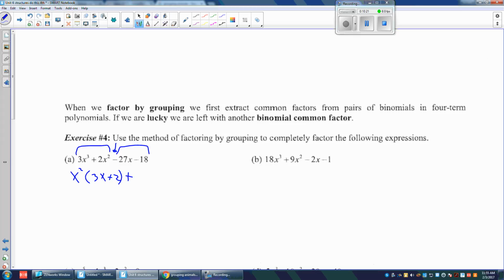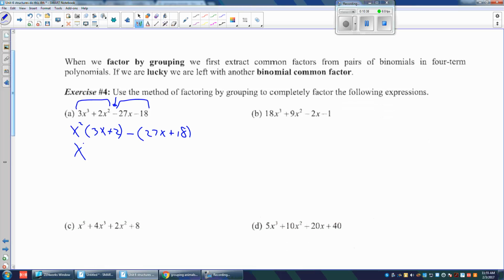So if I change that to minus 27x plus 18, I factored out a negative 1. There we go. And now we have x squared times (3x plus 2).